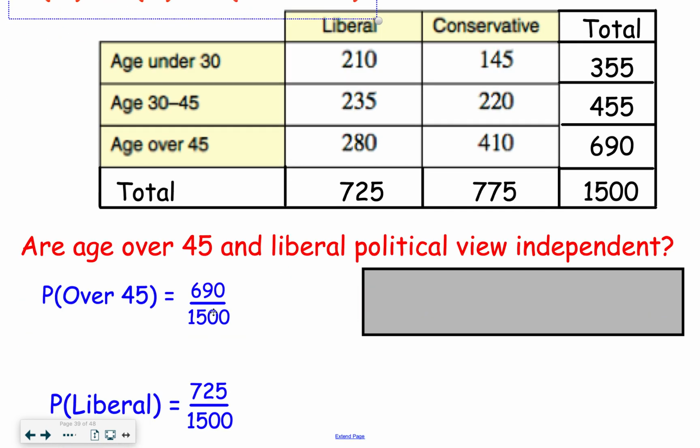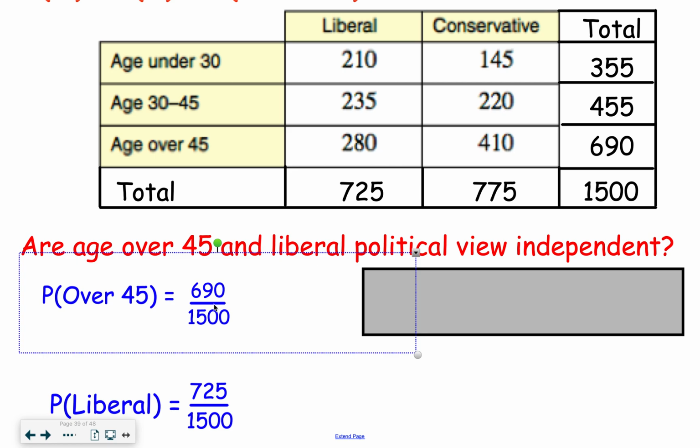So I listed these two probabilities here. The probability that you're over 45, go to the end of the column, that's 690 out of 1500. What's the probability that you're liberal? Okay, so go to liberal, the end is 725 out of 1500. And then I want to know if those two multiplied together equal the probability of being over 45 and liberal.